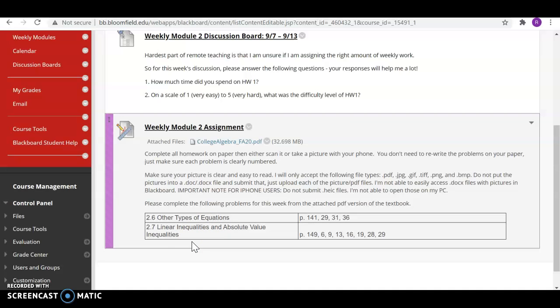Something that I forgot to mention in the syllabus walkthrough video last week is that, although it's stated in the syllabus, the homework is graded based on completion, not accuracy. What that means is that when I grade students' homework, I want to see the attempt of all the problems that I have assigned.